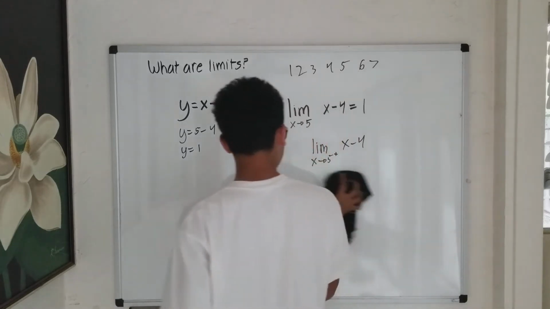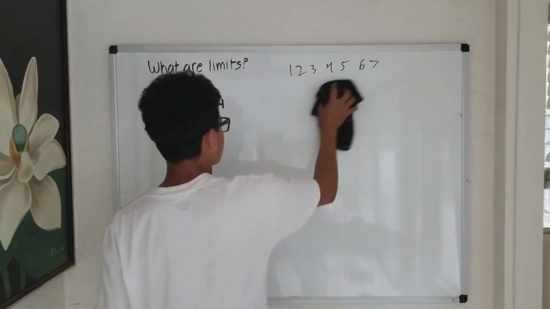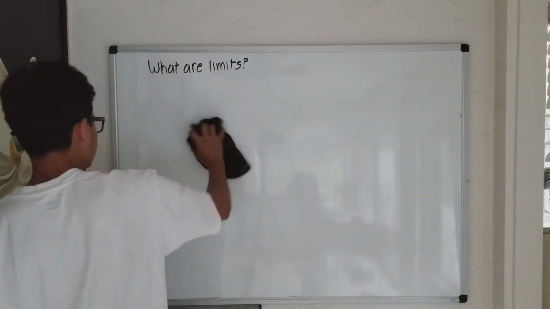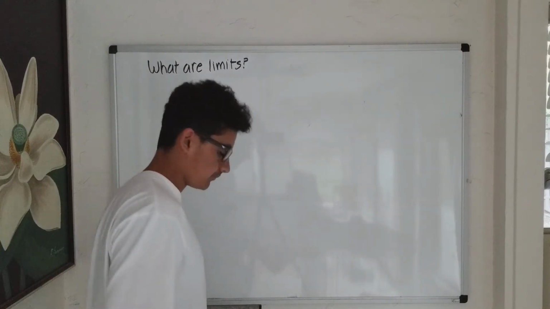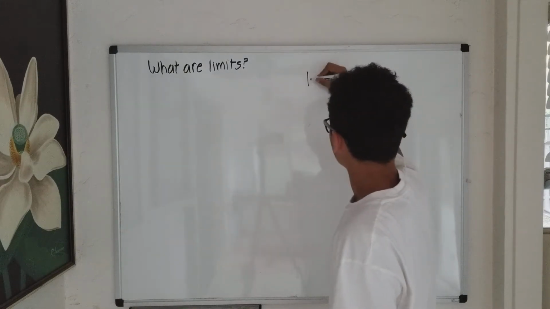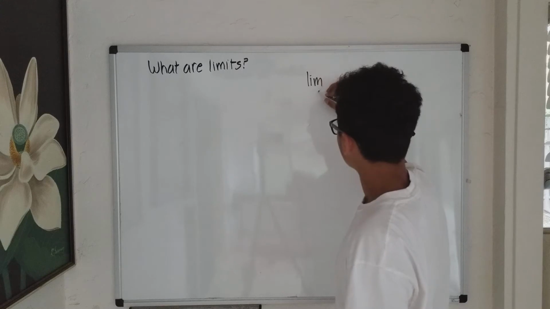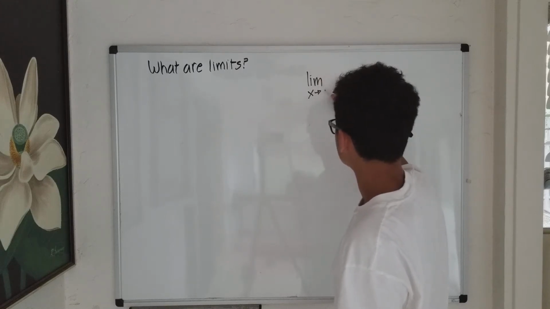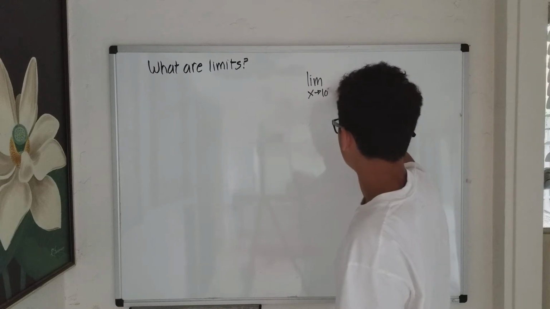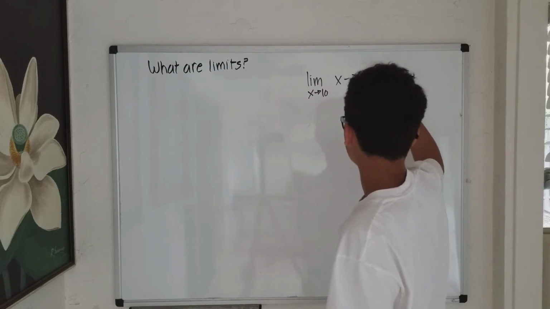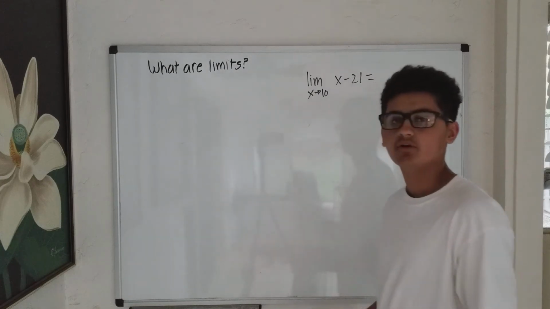Why don't we do a few simple problems on limits, because it seems very simple. Let's start off with a basic one. We're trying to find the limit as x approaches 10 of x minus 21. What would it be approaching?